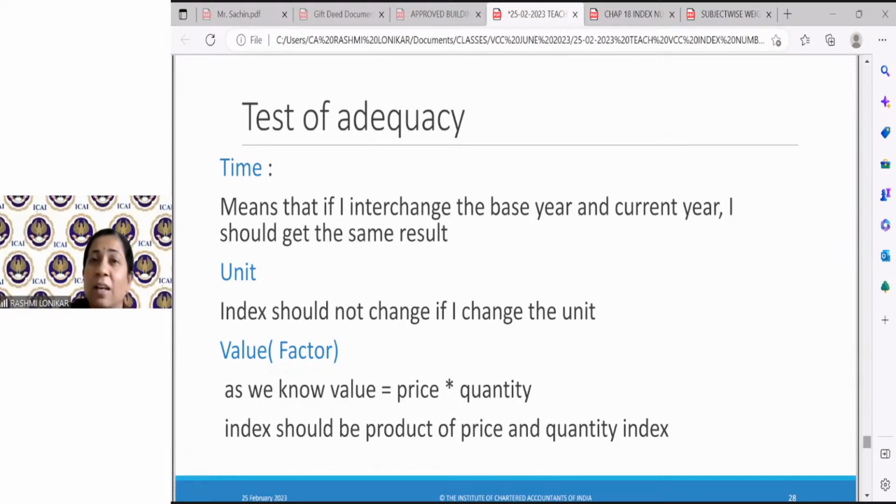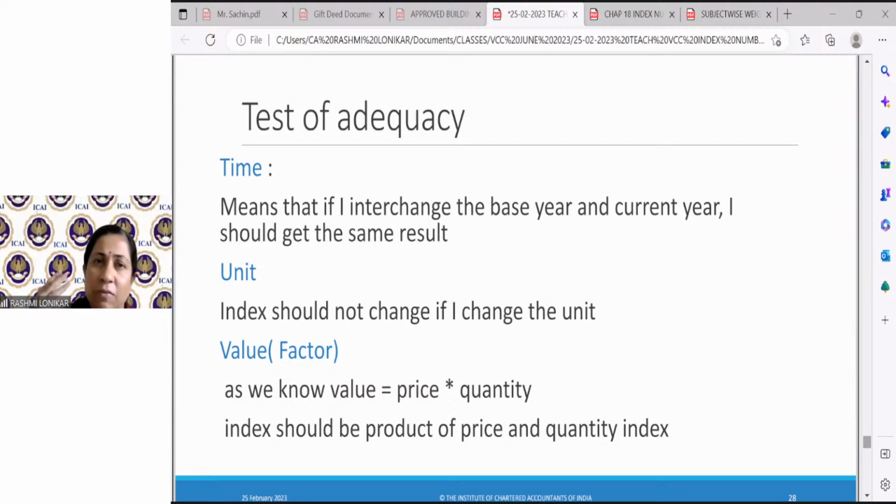Unit. Ideally, every index number should be free from unit. Okay, so if I'm measuring something in rupees or in paise, it should not change. If I change the unit from kgs to grams, then also it should not change. Okay, then value factor. As we know, value is equal to price into quantity. So whether my price index and my quantity index, when I multiply them, will give me the same result as I would have obtained when I calculated the value index separately.